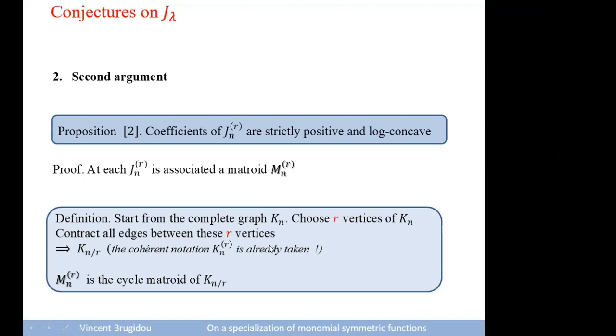To define this matroid, we start from the complete graph Kn, and we contract all the edges between R vertices of Kn. Then MNR is the cycle matroid of the contracted graph that we denote thus.